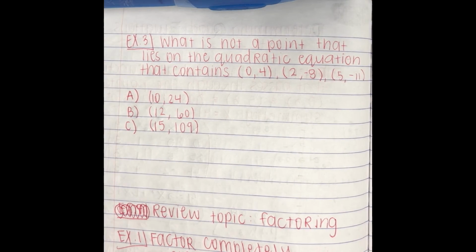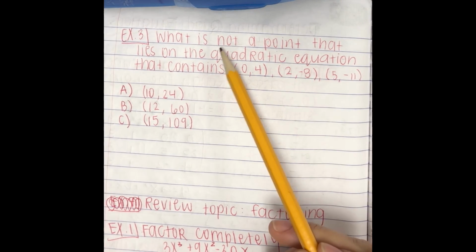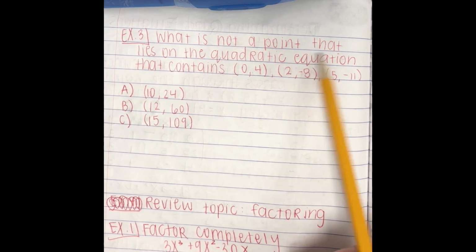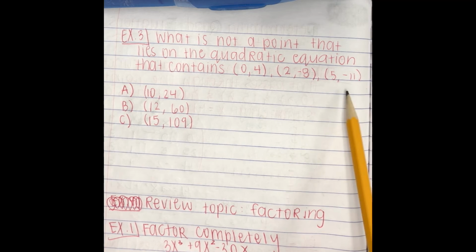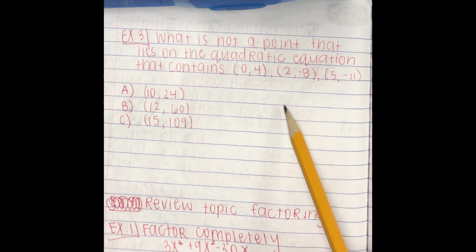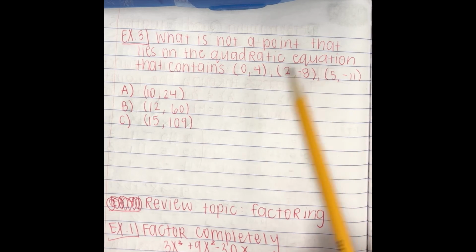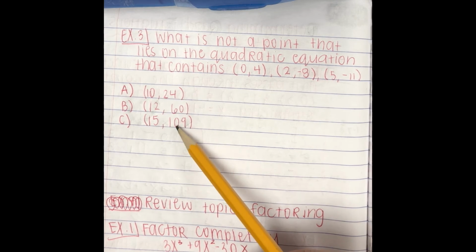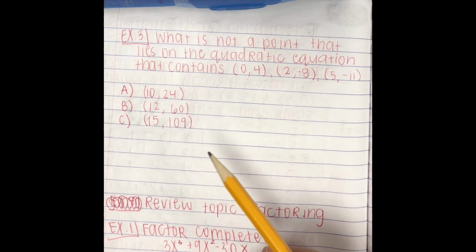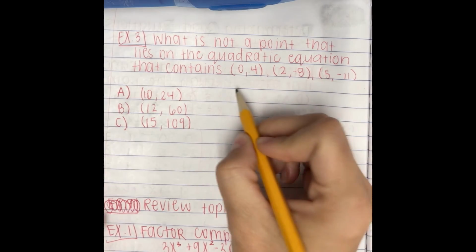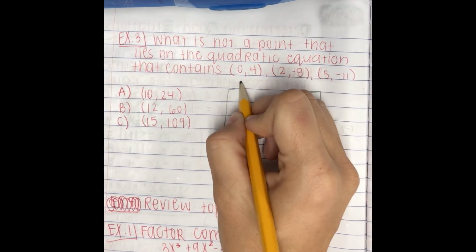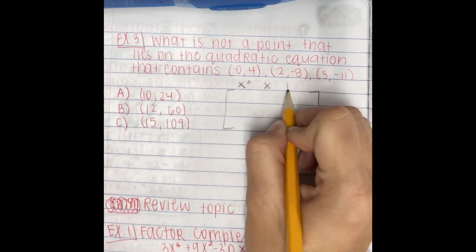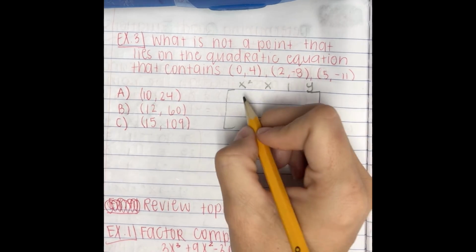Okay, so for this example, it's wanting to know which of these points is not a point on our quadratic equation that contains these points, okay? So the steps we need to take is first figure out the equation and then see whether these points lie on the equation or not, okay? So the first thing we're gonna do is build our matrix, right? So we have our x squared, x, this column's always 1, and then our y.